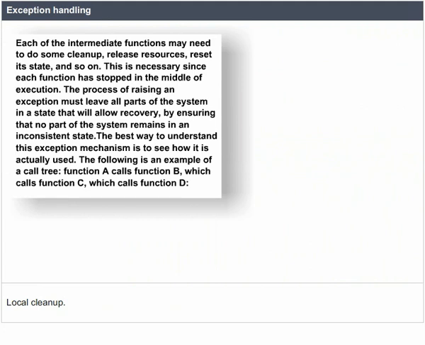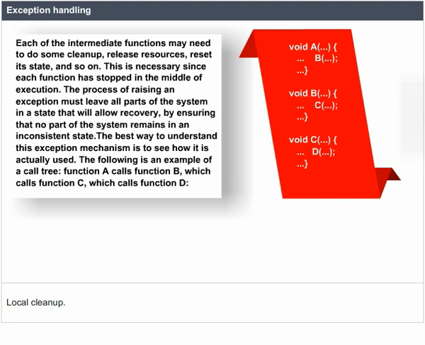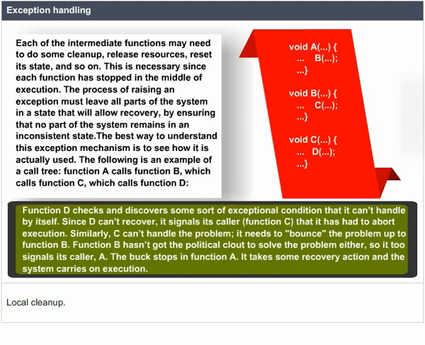The best way to understand this exception mechanism is to see how it is actually used. The following is an example of a call tree. Function A calls function B, which calls function C, which calls function D. Function D checks and discovers some sort of exceptional condition that it can't handle by itself.